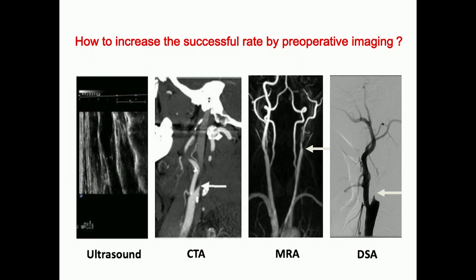So for us radiologists, we have to face the question of how to increase the success rate by preoperative imaging. Clinically, ultrasound, CTA, MR-VWI, and DSA are commonly used for detection and evaluation, but these angiography modalities were unable to characterize the occluded segment clearly or directly.